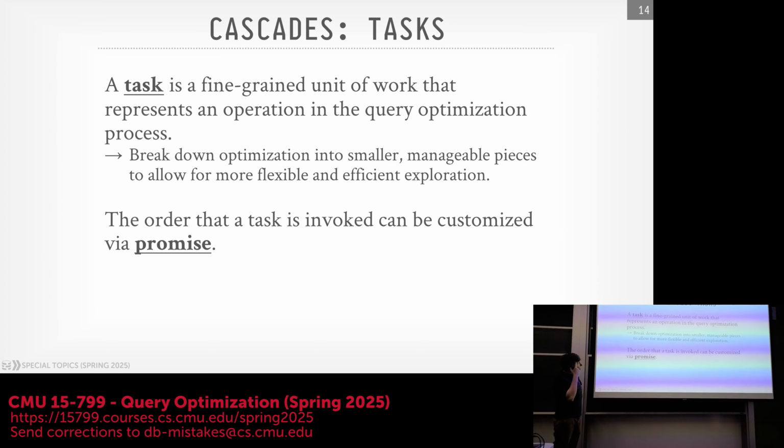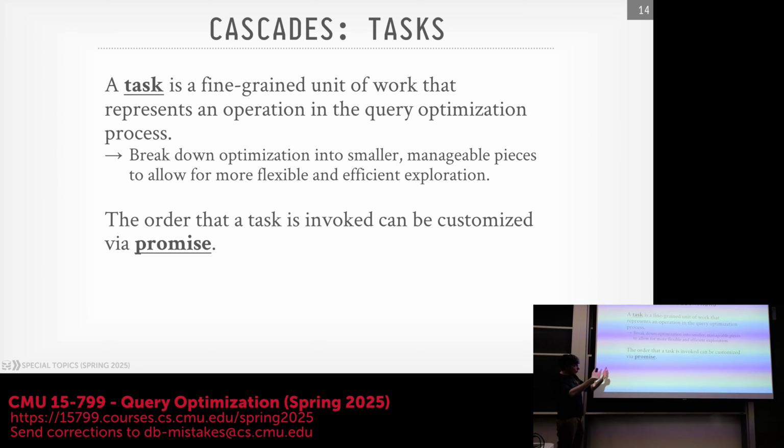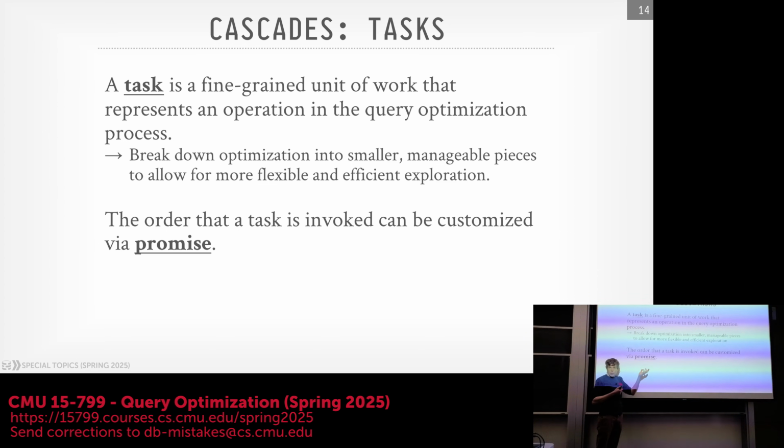By default, in the original implementation, it's just a stack, where you choose the next thing to execute in the order that they naturally appear in the implementation. But you can do something more sophisticated and also keep track of what is called a promise, which allows you to customize the order in which these tasks are executed or the rules are applied.